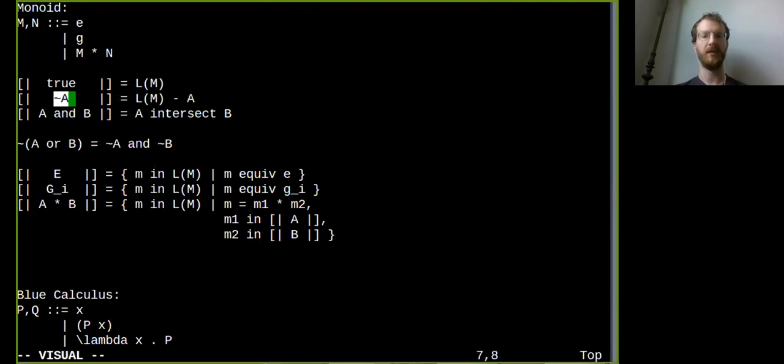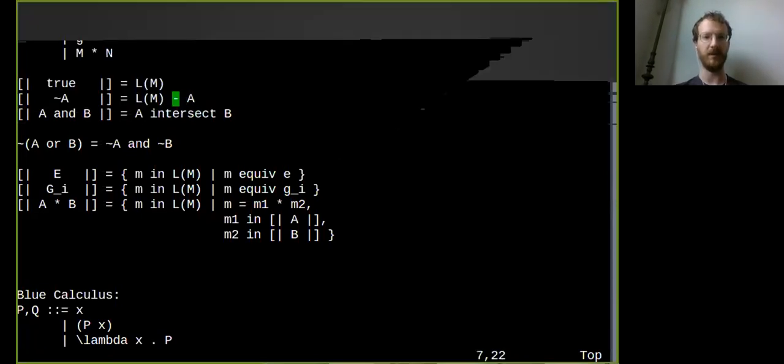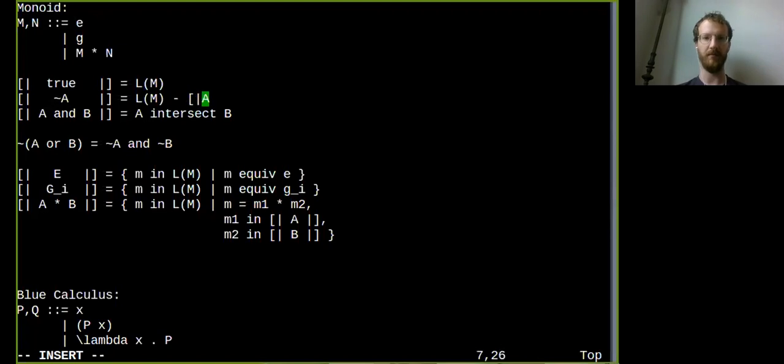And our meaning of a negation is all of the statements of our language minus some set that we're negating. Or actually, this should be minus the meaning of A.